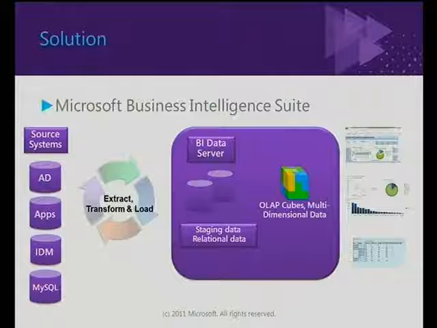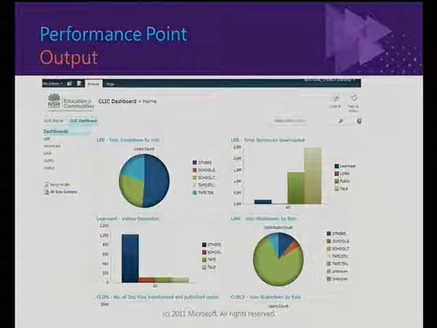As you can see, we followed a fairly standard process of defining the data sources, going through the ETL process, getting the data into a staging environment, building the cubes, and then there are multiple outputs, which you'll see some of them today as we go through the session and some of the demos.